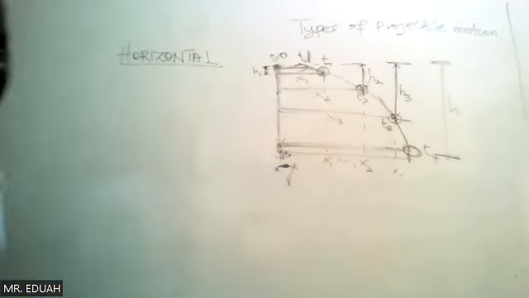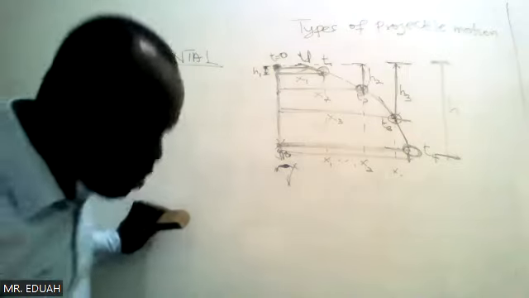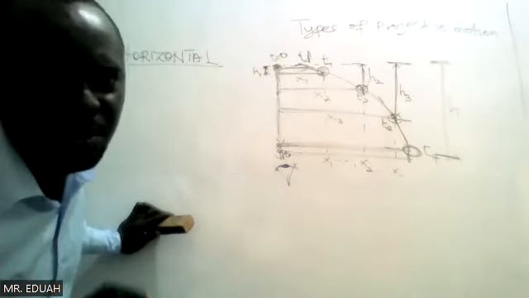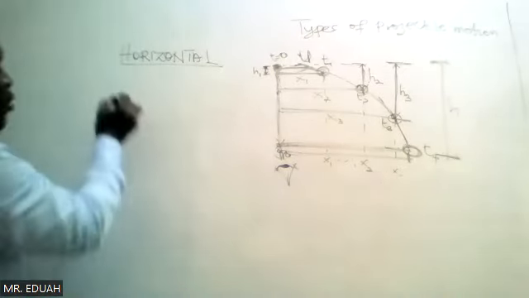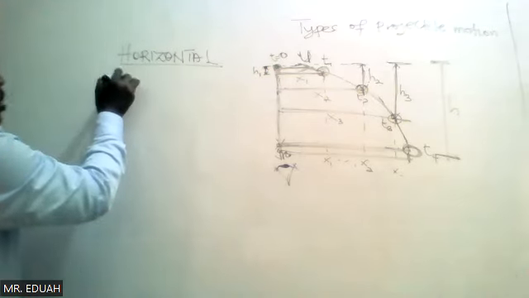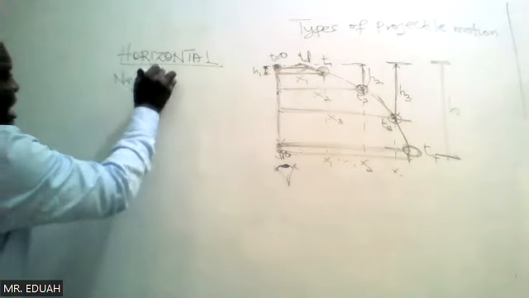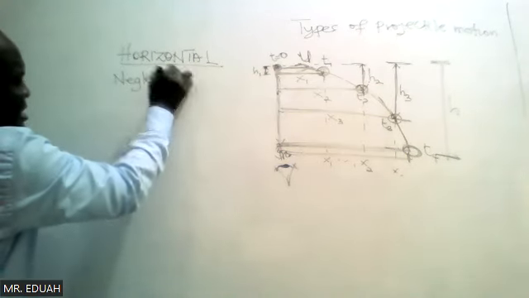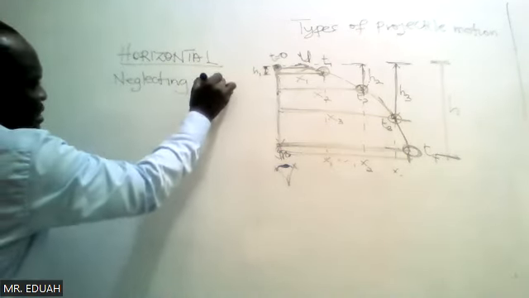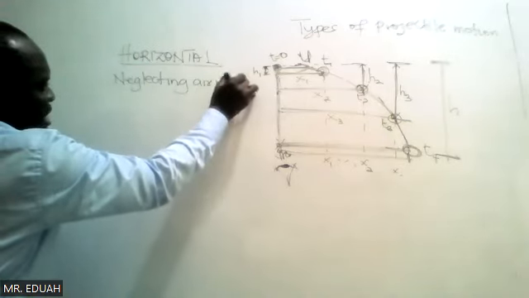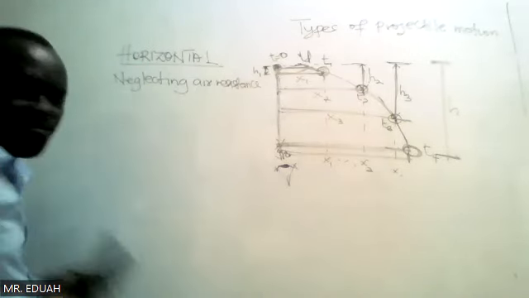In the horizontal analysis, don't forget we consider some conditions. The condition is that, one, we neglect air resistance. We have neglected air resistance.